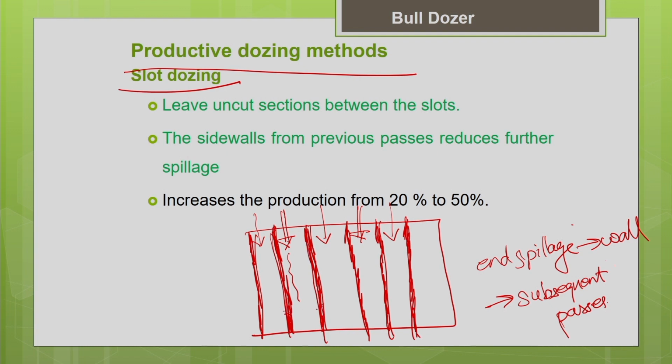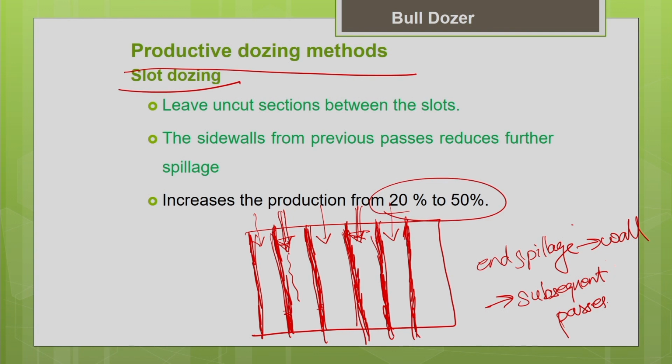Since it acts like a wall, further spillage is reduced when the bulldozer is passing through this path. Similarly, on this path, the end spillage already formed will act like a wall and prevent further spillage during this pass. By this method, I can reduce the spillage and increase the productivity by 20% to 50%.